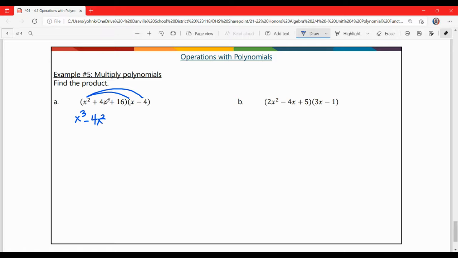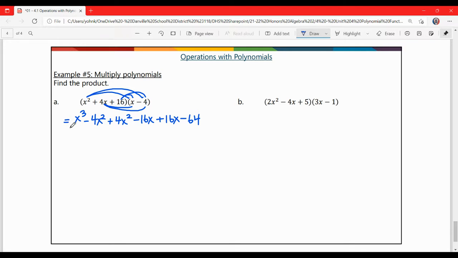Then we're going to take the 4x and multiply by x, and the 4x and multiply by -4. So 4x times x is 4x squared. 4x times -4 is -16x. Then I'm going to take the 16 and multiply by x, and the 16 and multiply by -4. So plus 16x, and 16 times -4 is -64.